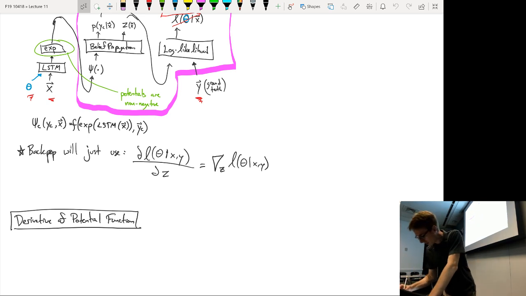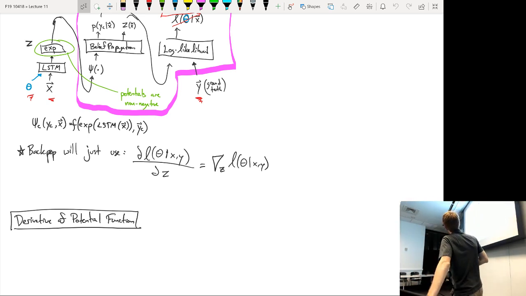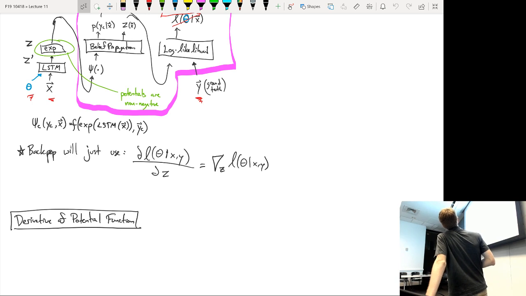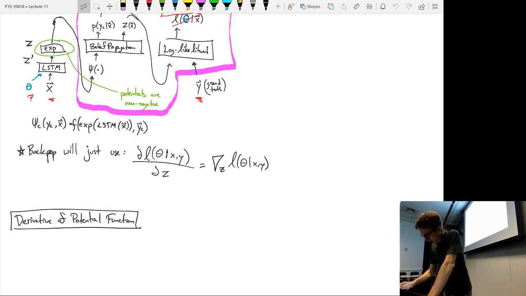The thing that is the output of x we'll call z, and then we could call the output of the LSTM z prime. So z is x of z prime. And what I want to actually work with today is the derivative of the loss with respect to z prime.